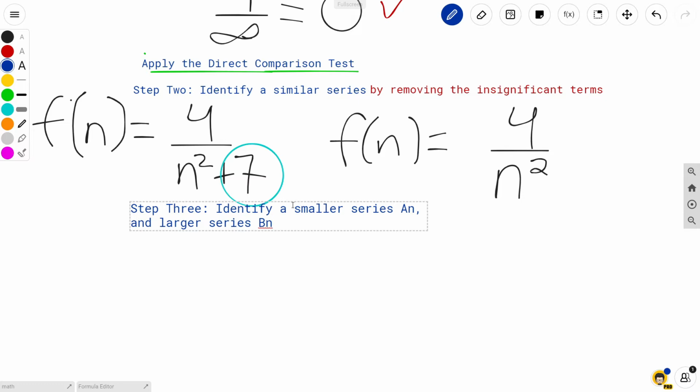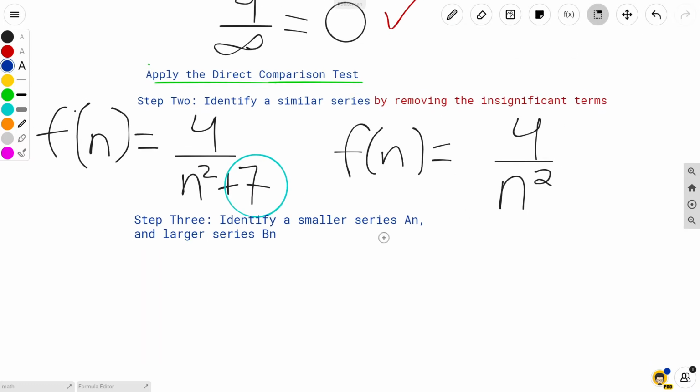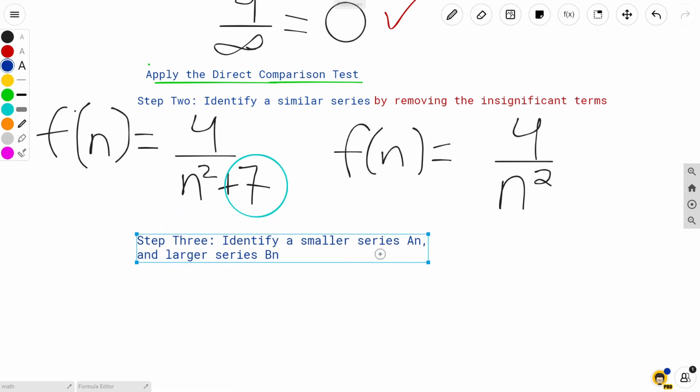Why? Because to directly compare them, we want the larger one to be b sub n. That way, if it converges, then a sub n also converges. And vice versa is true. If the smaller one diverges, then the larger one has to diverge as well.